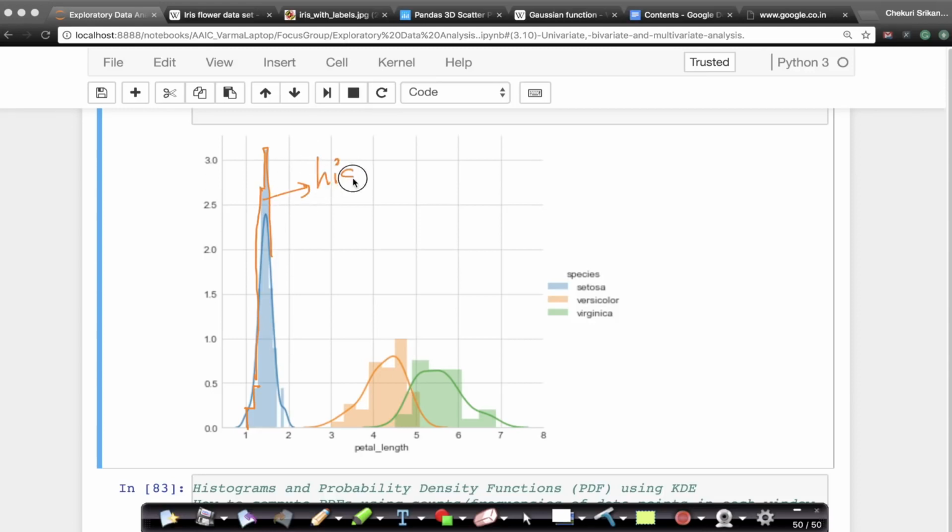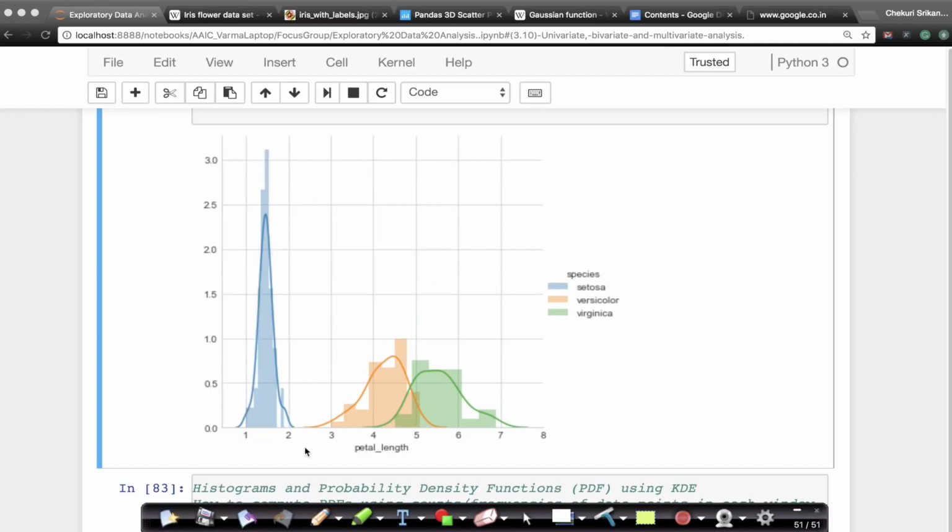To be very specific, this is the histogram of petal lengths of setosa flowers. Similarly, this light orange thing is a histogram of petal lengths of versicolor flowers. Similarly, this is the histogram of petal lengths of virginica.